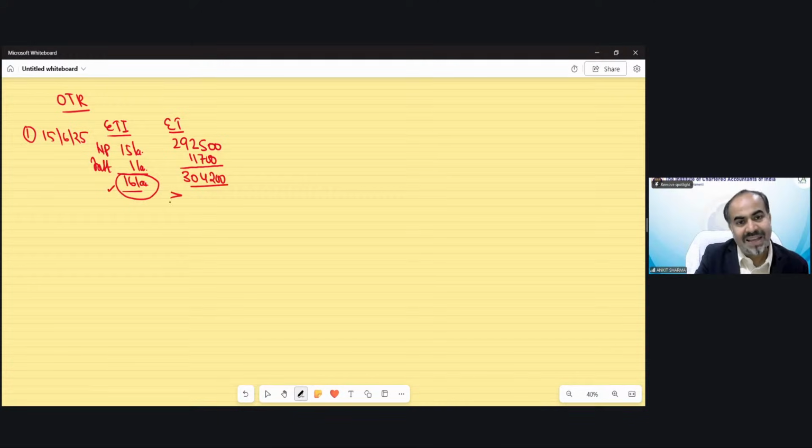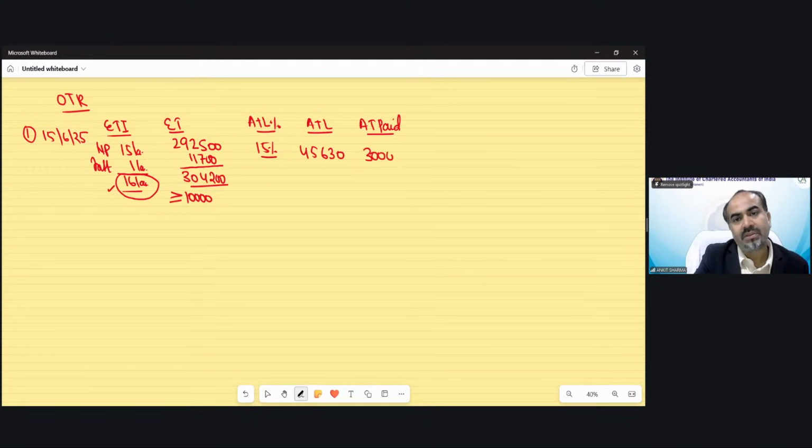And because it is exceeding 10,000, advance tax liability would arise on this date. And advance tax liability percentage would be 15%. So the advance tax liability in amount form is 45630. Now suppose advance tax actually paid is 30,000.